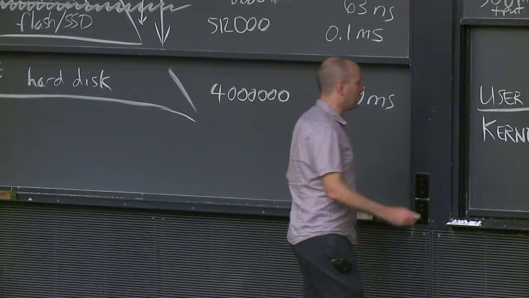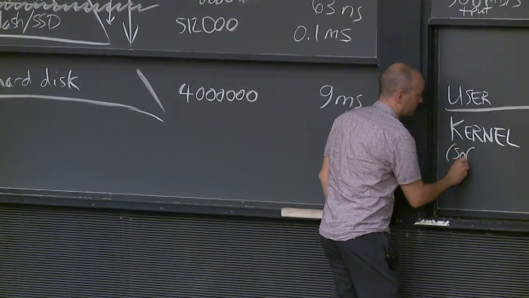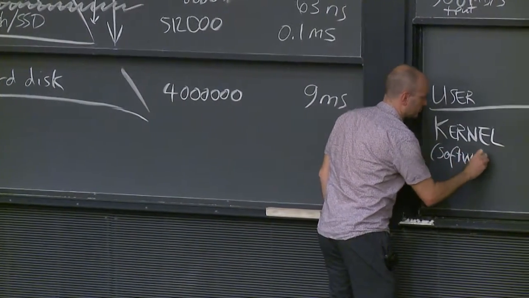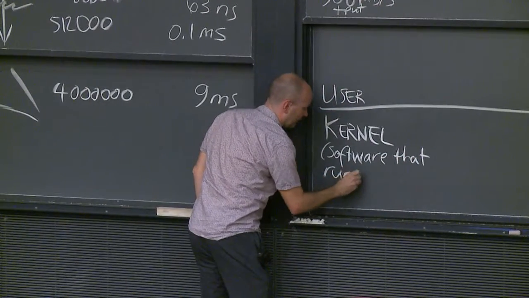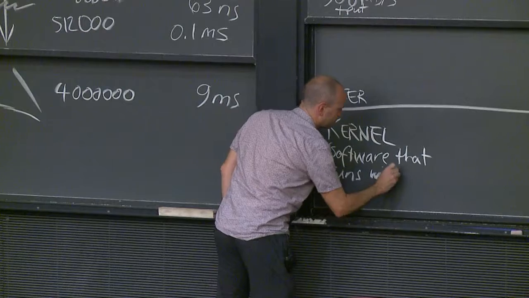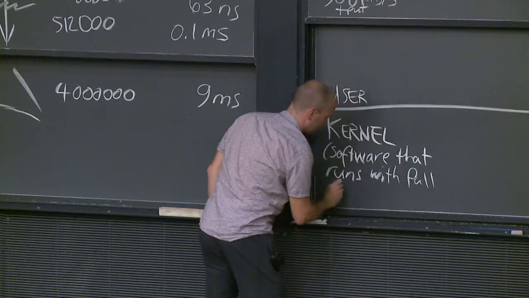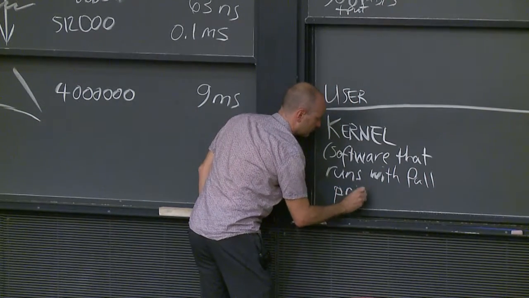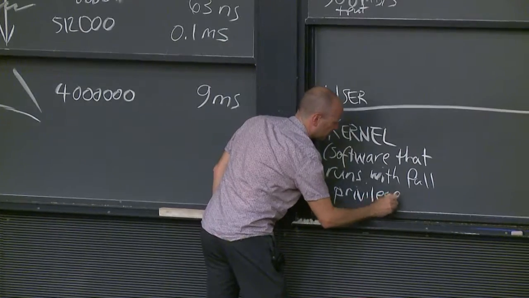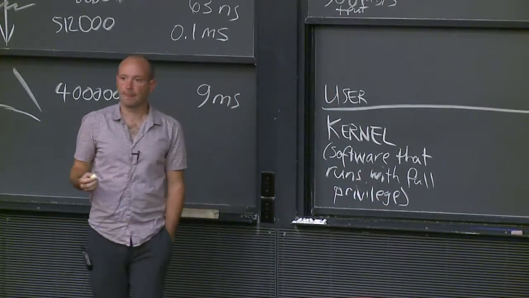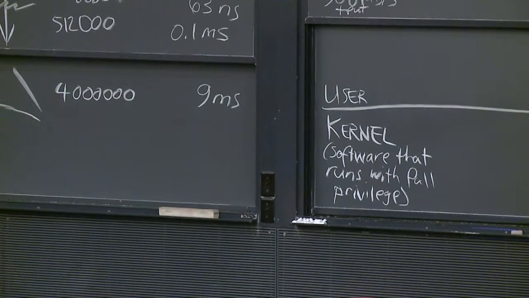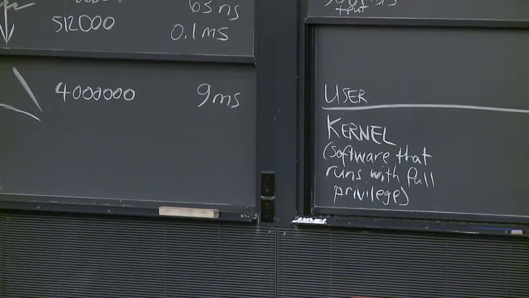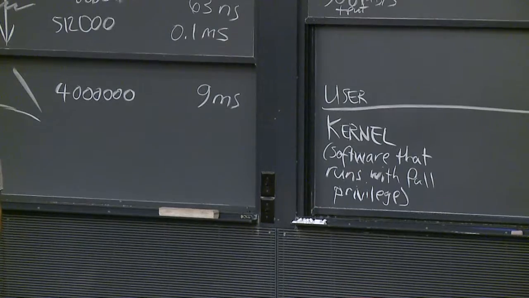And what the kernel is, is the software that runs with full privilege. What full privilege means is that this kernel software can actually manage the hardware that's attached to the computer.